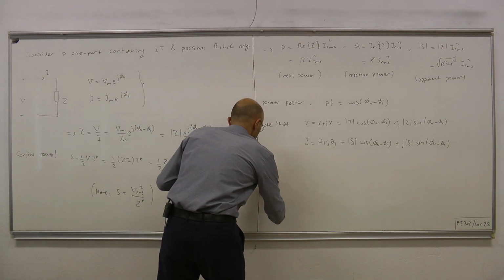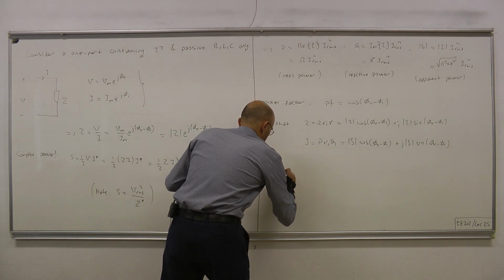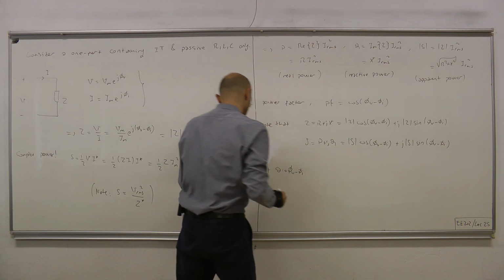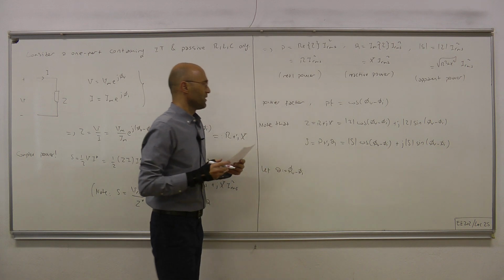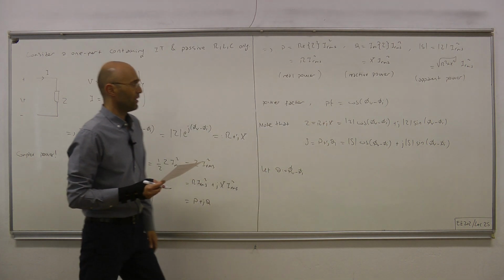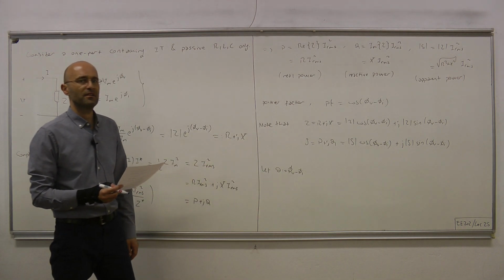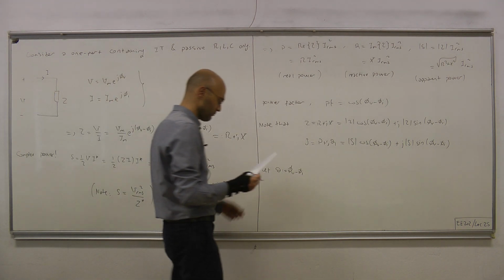Now, let theta be defined as that phase difference, phi v minus phi I, and then sometimes those two complex numbers are, for communication purposes, represented as right triangles.